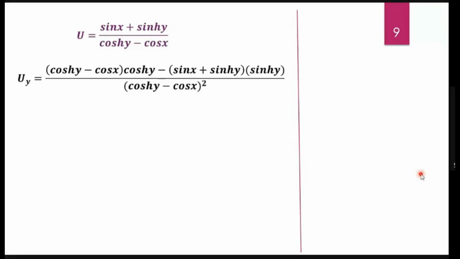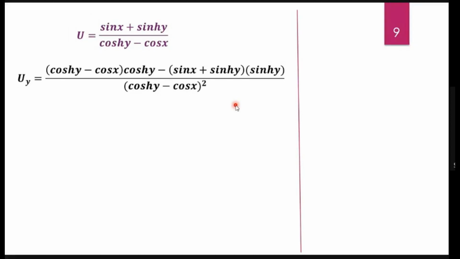So v du. तो फिर से denominator v, derivative of u, which is sin x is a constant, sin hy का derivative cos hy. Again I am repeating, there is no minus sign when we differentiate cos hyperbolic और sin hyperbolic. जैसा है वैसे ही आएगा. Minus u into derivative of the denominator cos hyperbolic y का derivative sin hyperbolic y upon the denominator square v square. Again put x is equal to z, y equal to 0.